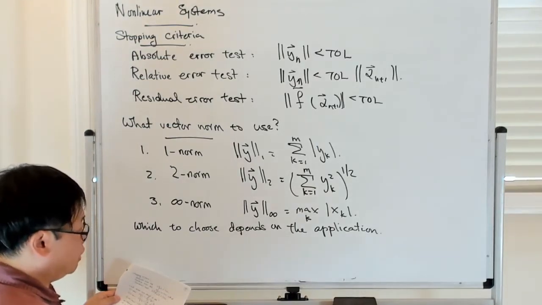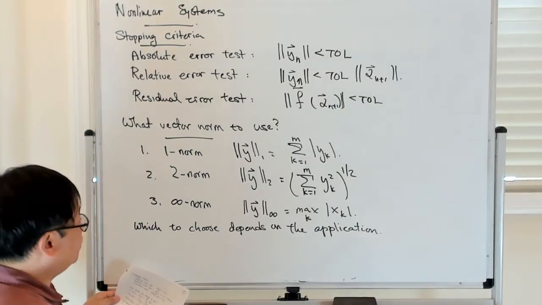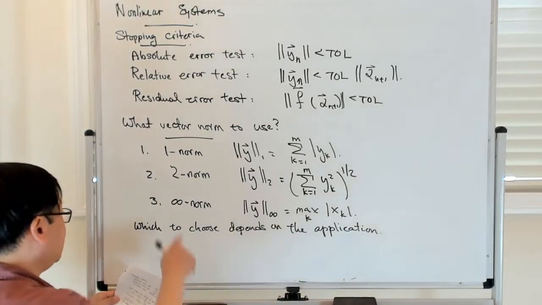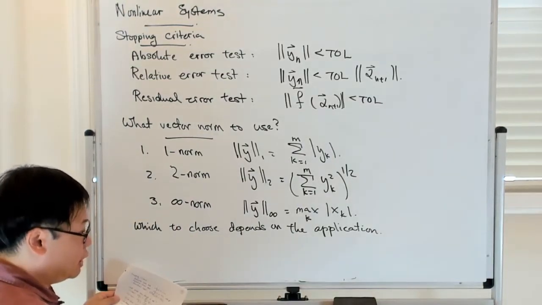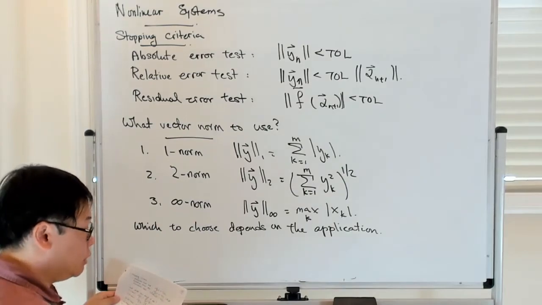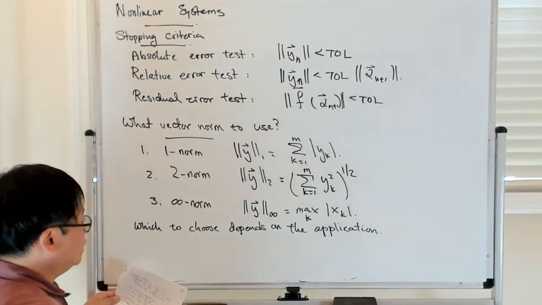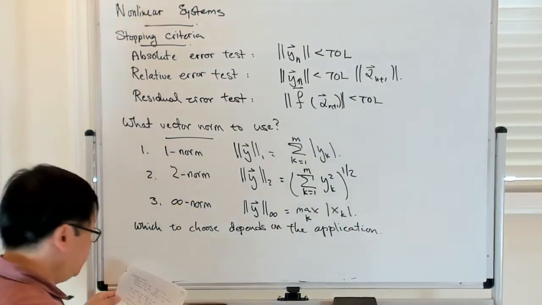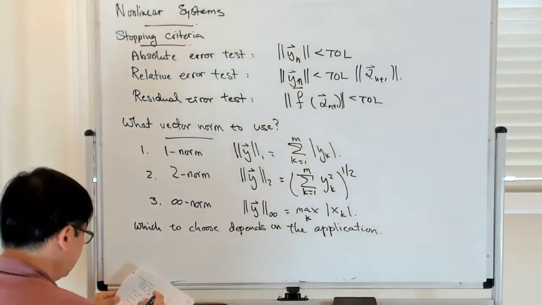So if you care that every one of the equations has a small error, then you might want to choose something like the infinity norm. But if you only care that the equations are satisfied in some sort of aggregate way, then maybe one of the p norms would be more appropriate.